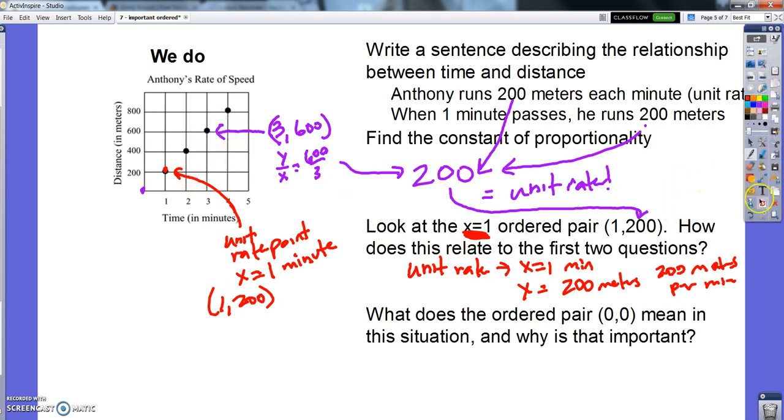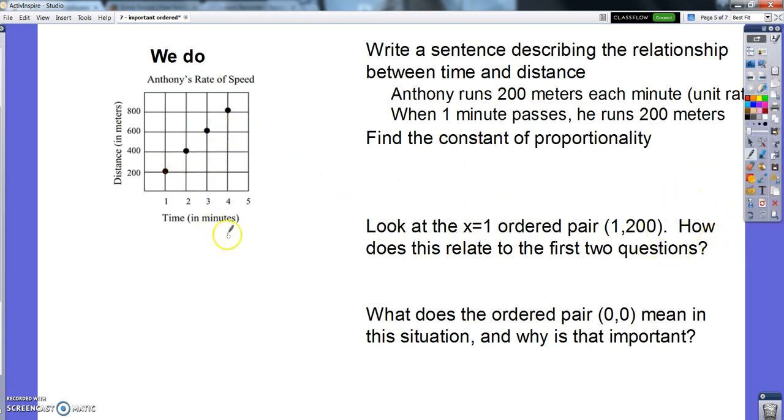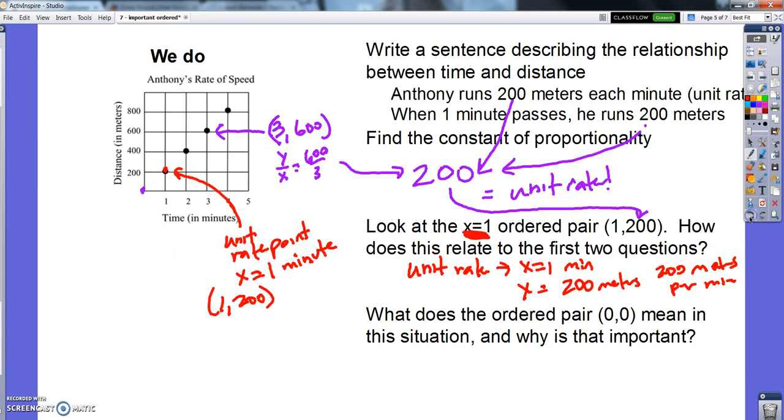So if I hadn't done anything else, and I said, what's his unit rate of speed? Well, boom, you just look at the x equals 1 point, 1, 200, and that's your unit rate. Ultimate shortcut, if you know how to do it. And it's the constant of proportionality, no less, all the same thing.